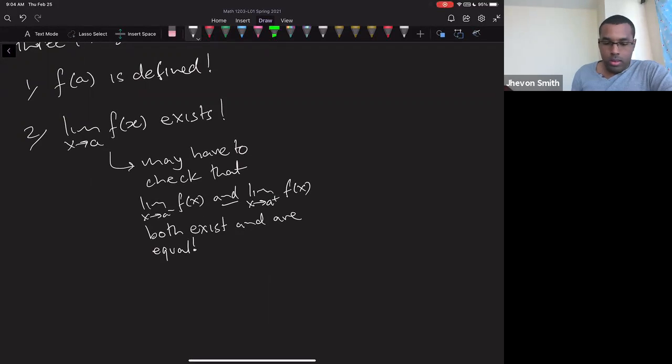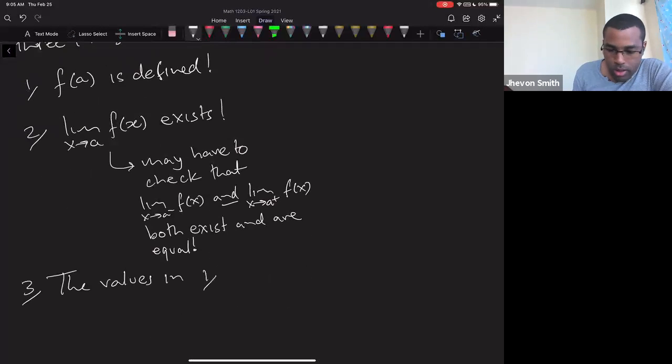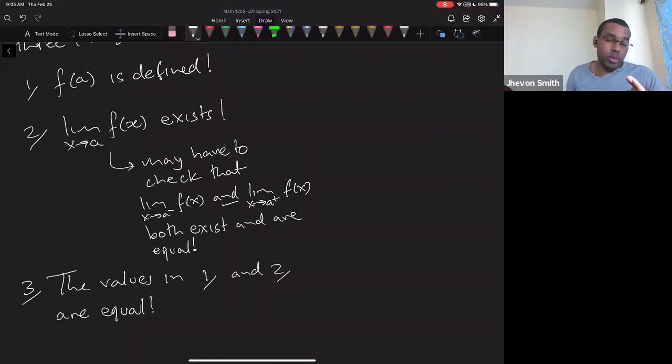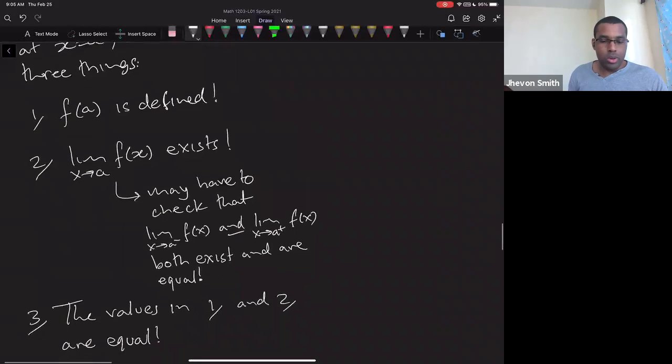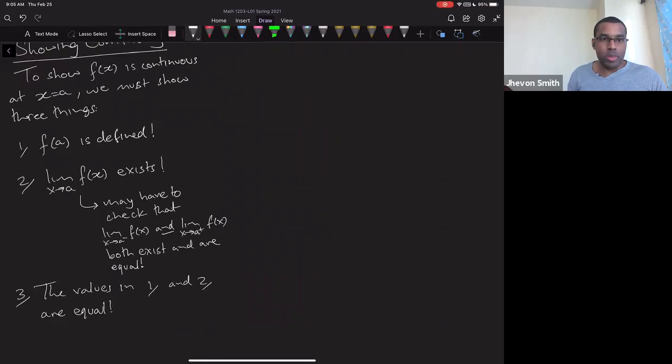So that's the second thing. And third, the values in 1 and 2 are equal, right? So the function has to work, limit has to exist, and they have to give you the same answer. Unless all of these happen, it's not continuous, right? So all of these must happen for it to be continuous.